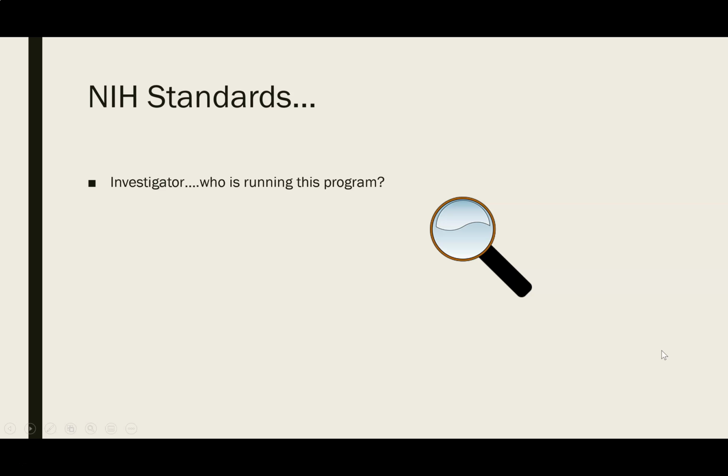The next one is the investigator, and this refers to who is running the program. If you think back in the very beginning of the semester in Online 02, I asked you who can apply for this grant. Well, as you're presenting your grant to your peers, you have to determine who you represent in line with what the grant says.